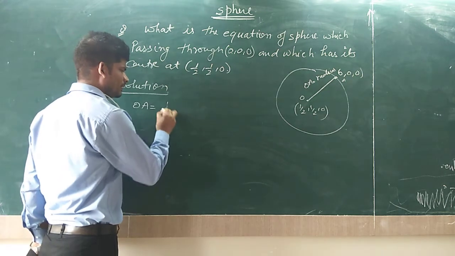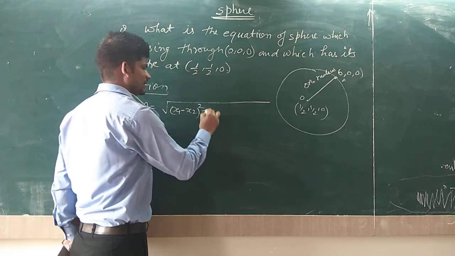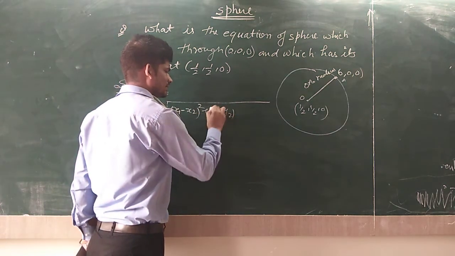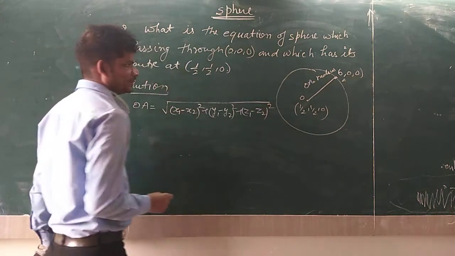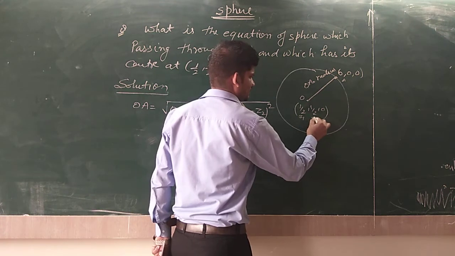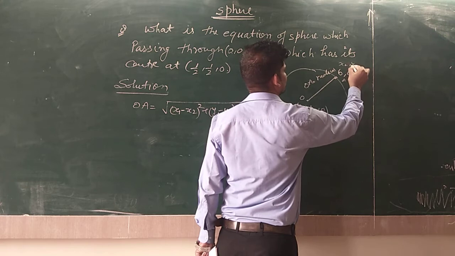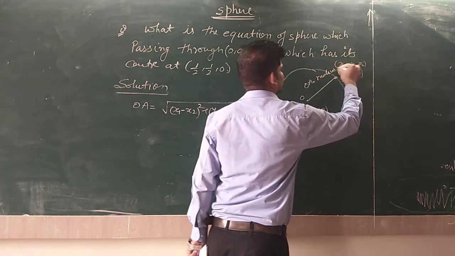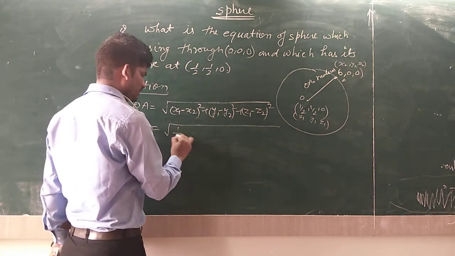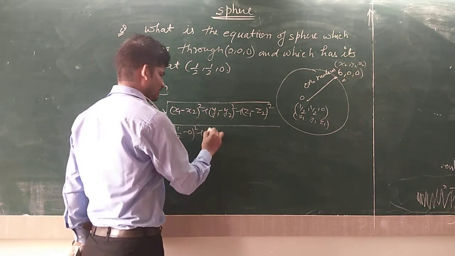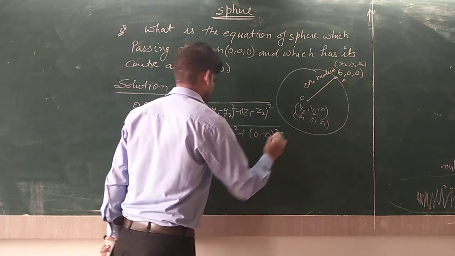The distance between 2 points by using the formula is the root of (x1 minus x2) square plus (y1 minus y2) square plus (z1 minus z2) square. Putting the values: (1/2 minus 0) square plus (1/2 minus 0) square plus (0 minus 0) square.